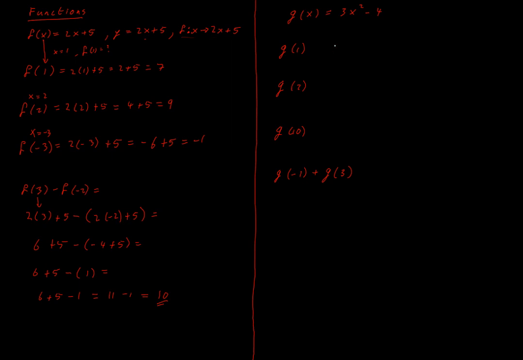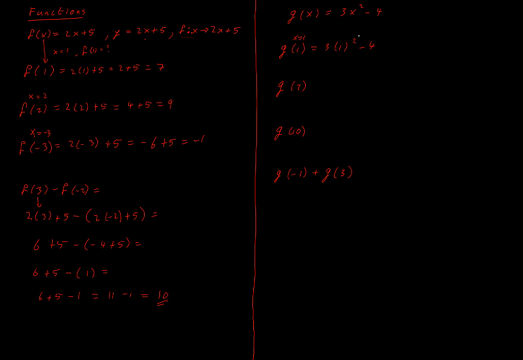Now let's deal with one that has a square in it. Nothing really changes here. It's just to give you another example. So in this case, instead of having an f, I have a g. So g of x is still a function of x is equal to this stuff here. So let's sub in my values for x. I have x is equal to 1 here. So let's put in x is equal to 1.